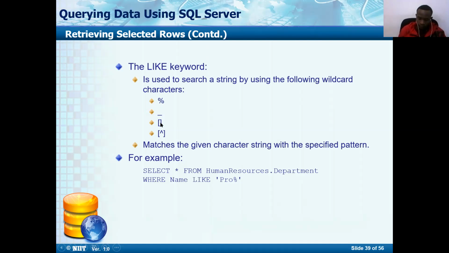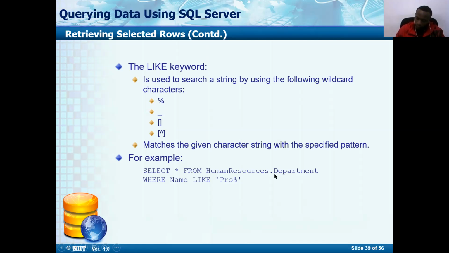But if you want to find students whose names include certain characters, then you use the square brackets. And if you want to find students whose names do not include certain characters, then you use square brackets and the caret. Okay, so these are the wildcards that are used in SQL.